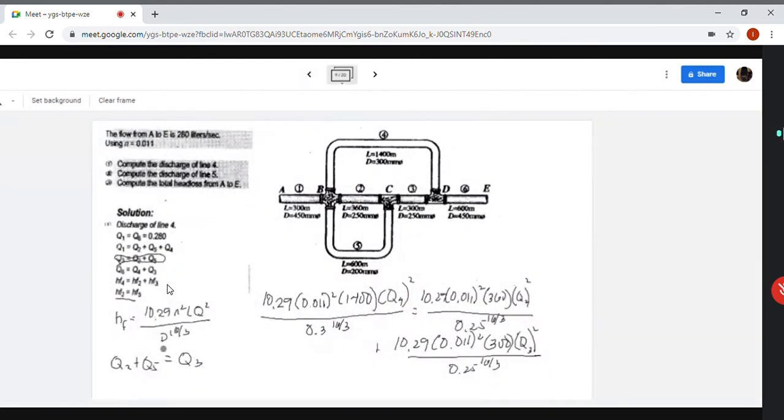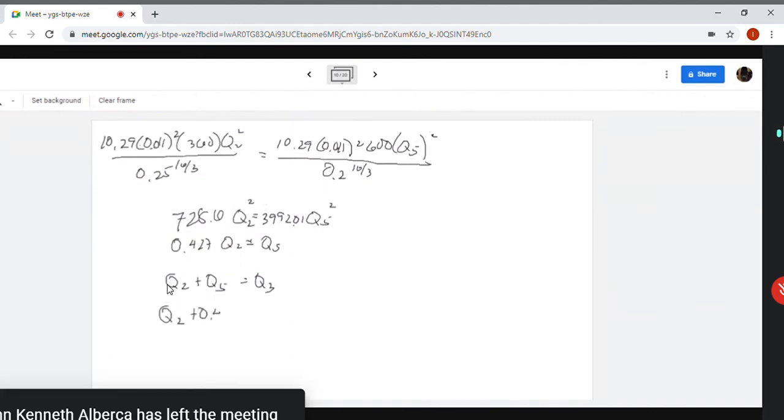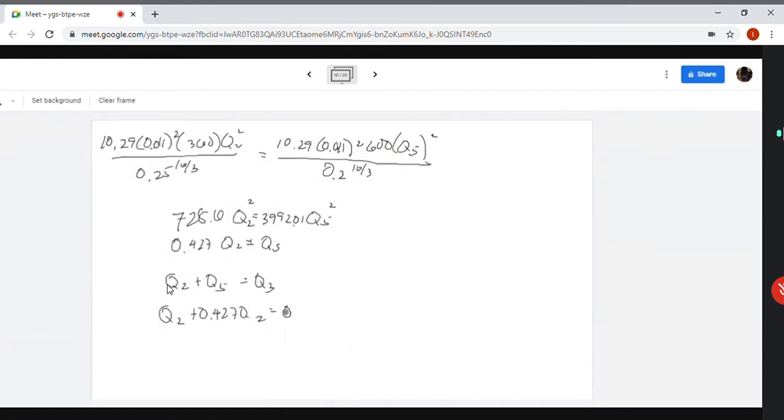So we substitute here. Q2 plus Q5 is equal to Q3. So that is Q2 plus 0.427 Q2 is equal to Q3.